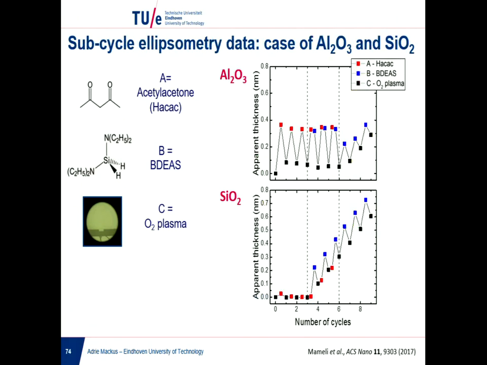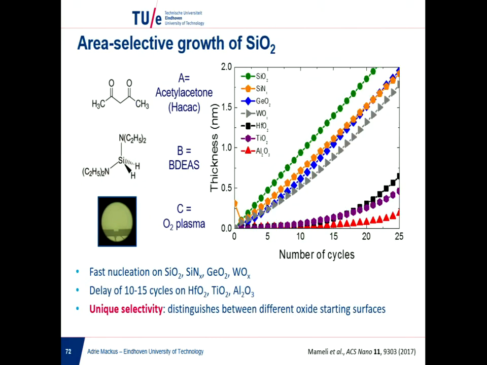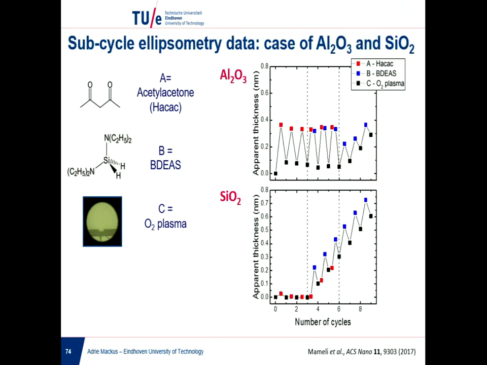Okay, so let's look a little bit more in detail at how this works. So the data I showed here was measured with spectroscopic ellipsometry, where we do a measurement after every cycle. But then we also did some experiments where we did a measurement after every pulse.